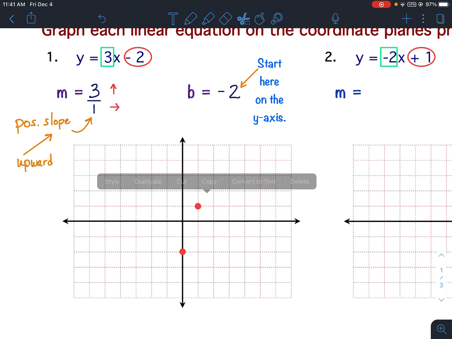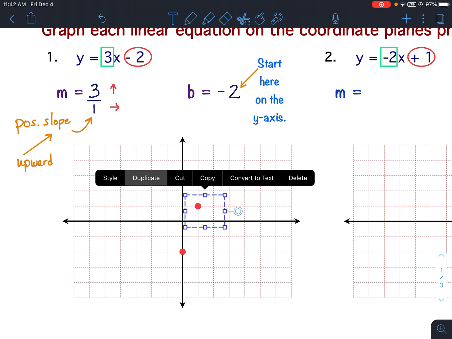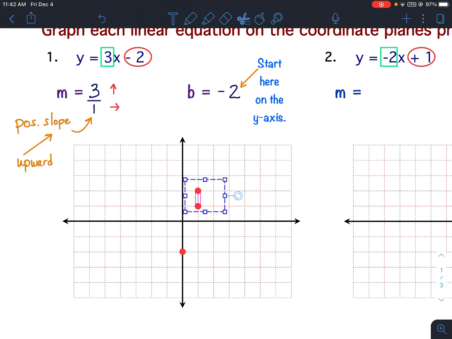Put a point. Don't draw these lines, but I just want to show you. 1, 2, 3, 1. Okay, next point. Same thing. We're going to go up 3, 1, 2, 3, over 1.